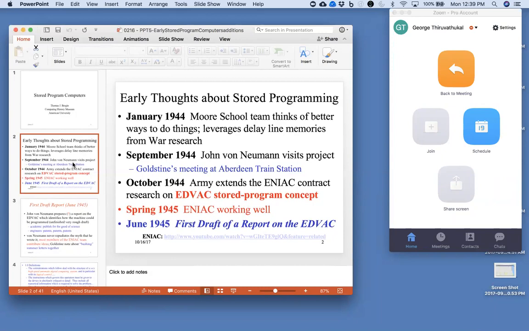The one strand is the work happening on the ENIAC, and the one reason I had you watch that film is that the leaders of the ENIAC project, there were two leaders, Eckert and Mauchly, went to visit John Vincent Atanasoff in Iowa, and drew a great deal of inspiration from his particular computer design.